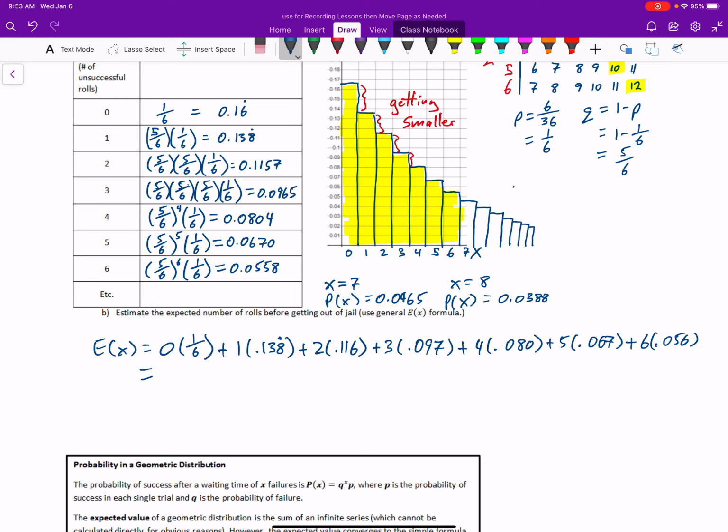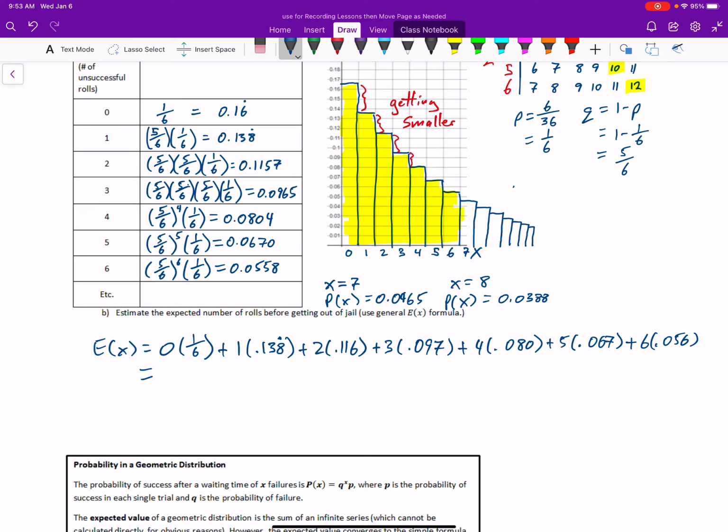So 0.13888. I skipped the first term since it was just times 0, plus 2 times 0.116, plus 3 times 0.097, plus 4 times 0.08, plus 5 times 0.067, plus 6 times 0.056.